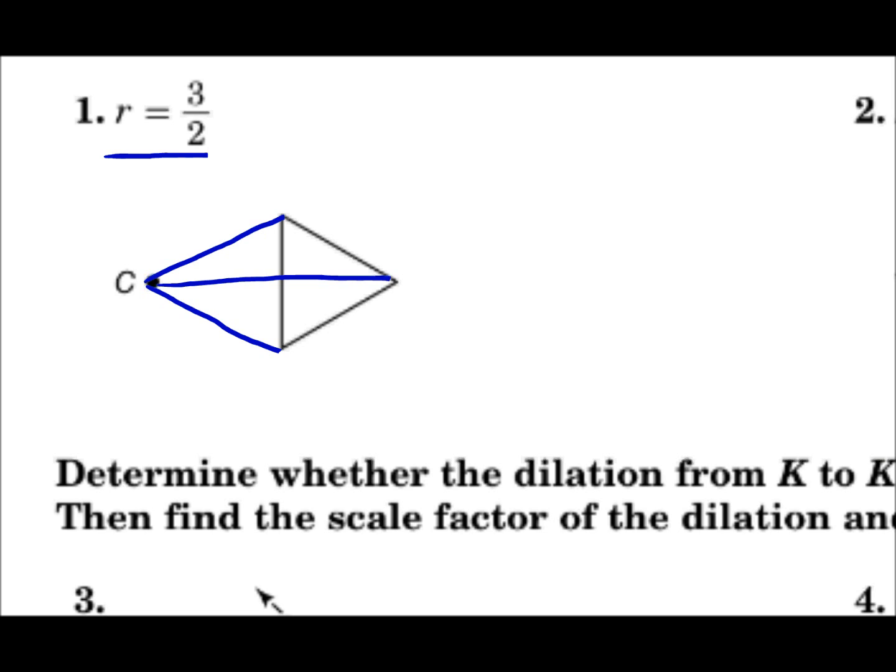If you imagine, right now, this segment, that's 1. I need to add 1/2 of that to it because R is 1.5. So you can eyeball it. That much is 1/2. So add that much of the segment to the end of it. And that will be one of my new endpoints.